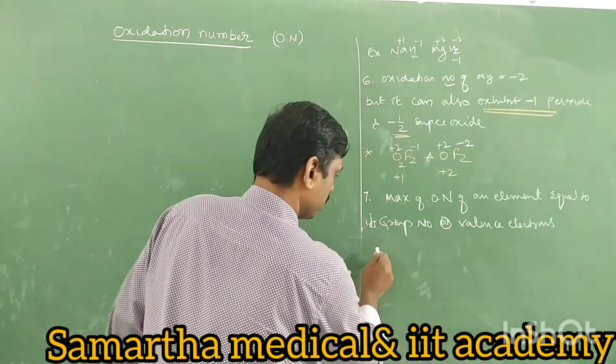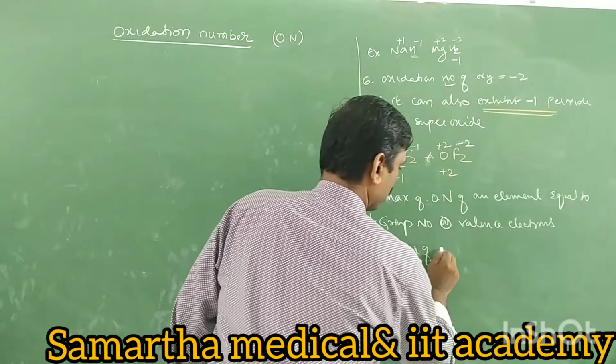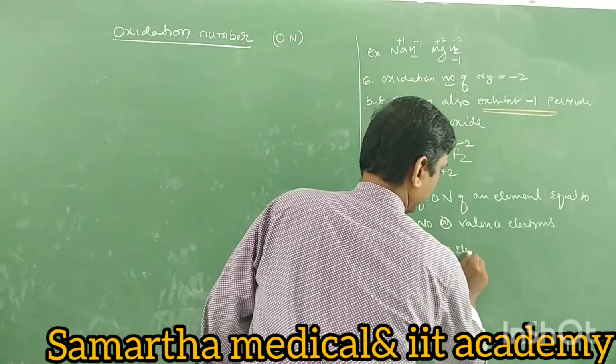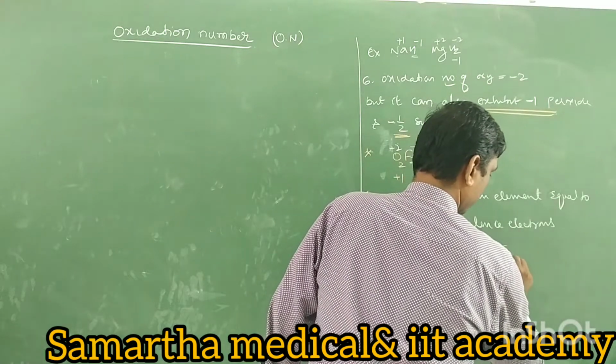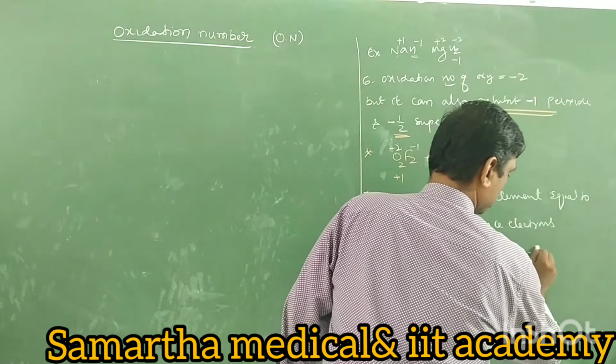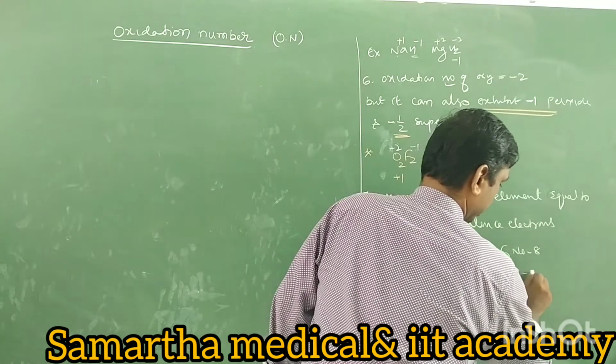And minimum oxidation number of an element equals group number minus 8, nothing but valence electron minus 8.